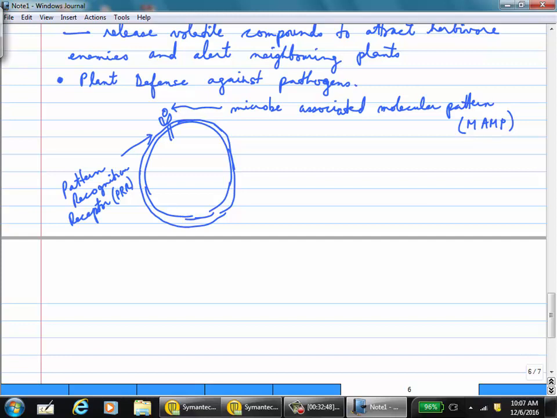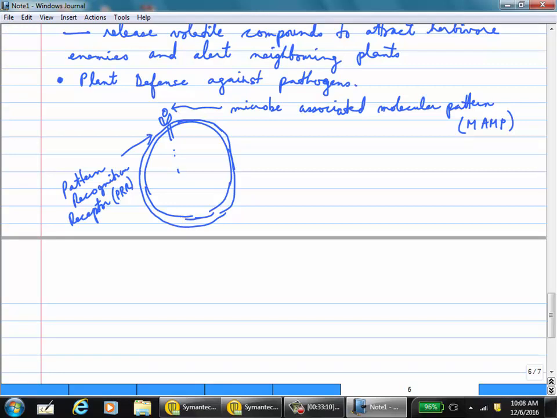And it knows that if that MAMP comes and binds the PRR, then it needs to get to work, right, to produce all the defensive compounds, right? So there is going to be some signaling inside. Receptor-like kinases, all right, receptor-like proteins will be involved, right? So we have done this kind of thing for animals before, right? When we talked about cancer, growth factors, and all that stuff. Same kind of thing happens here, right?